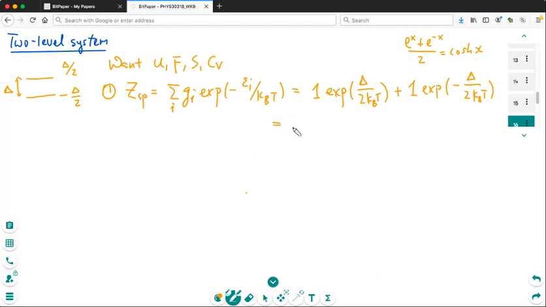That has the advantage that if you know how to work with this, you know how to take the derivative. It will be fast. Otherwise, you can stay with this. So this will give me this result. Sorry, x is delta over 2 kBT.